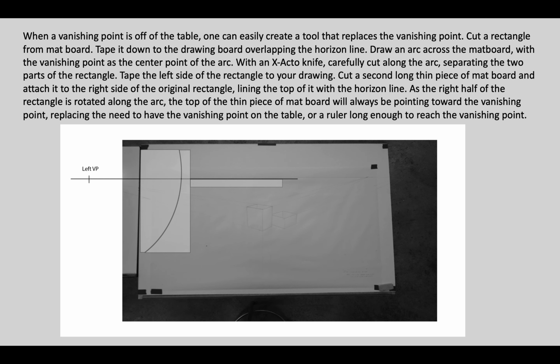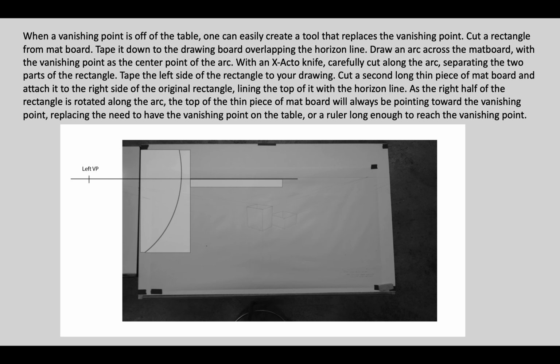Anchor the tack in the left vanishing point in this case, and draw an arc with your pencil with a string attached so you have the correct distance. Or if you have a large enough compass, just use a compass. But draw an arc on that piece of paper.